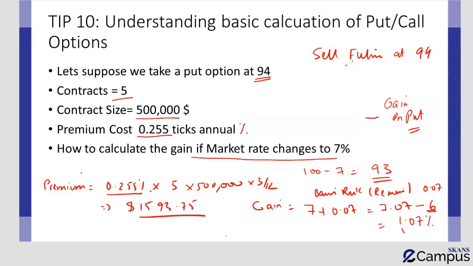How did I find the 6 value? Simply knowing that we are selling the future at 94, that means 100 minus 94 is equal to 6, and this is the 6% interest rate at which we are settling. Once I found 1.07, I divide by the tick size percentage, as you remember from the previous steps, that was 0.01. 1.07 divided by 0.01 is 107.